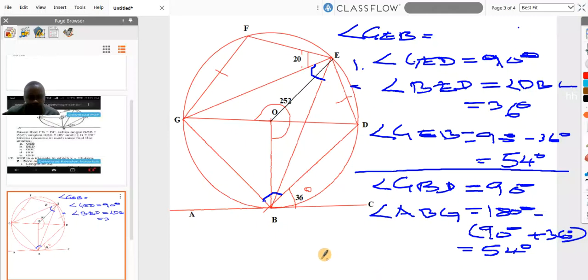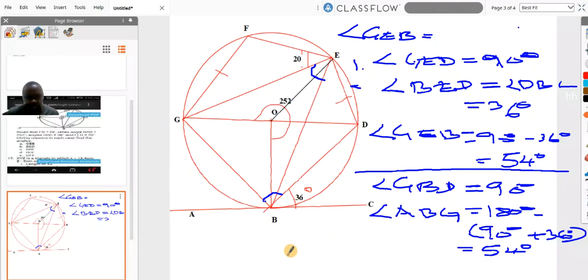And if you look at this chord BG, it subtends an angle of 54 with the tangent, and this chord is subtending an angle in the alternate segment, and that angle is GEB.